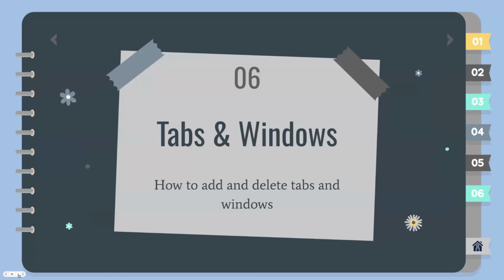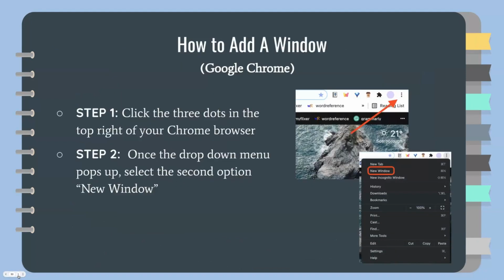And now we're going to talk about how to add and delete tabs and windows. How to add a window using Google Chrome. Step 1, click the 3 dots in the top right of your Chrome browser. Step 2, once the drop-down menu pops up, select the second option, New Window.